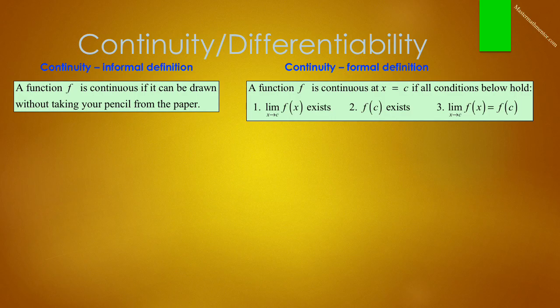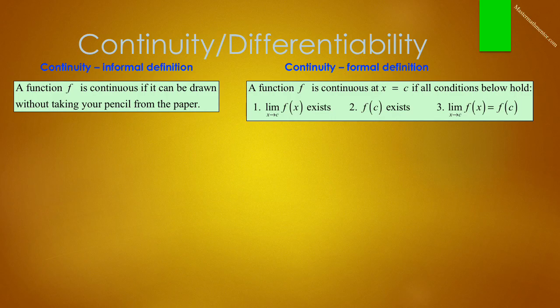What this really says is this. For the function to be continuous at some value of c, first, as x gets closer and closer to c, both from the left and the right, we approach some limit L1. Also, we must know that the function is defined at x is equal to c and is equal to L2.